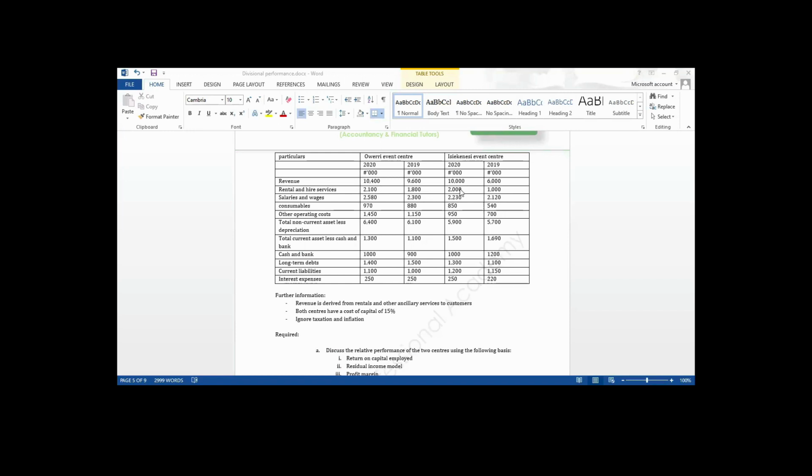Pick your revenue, less operating costs: rental and hire service operating costs, salaries and wages operating costs, consumables operating costs, other operating costs.